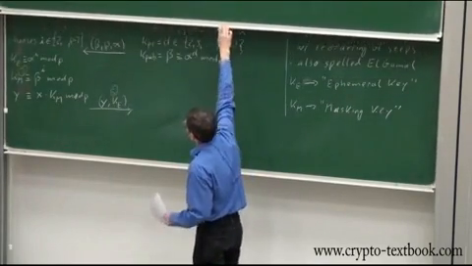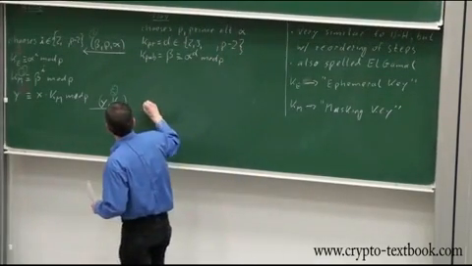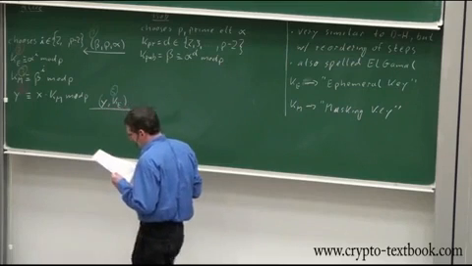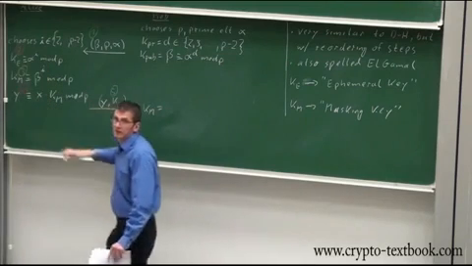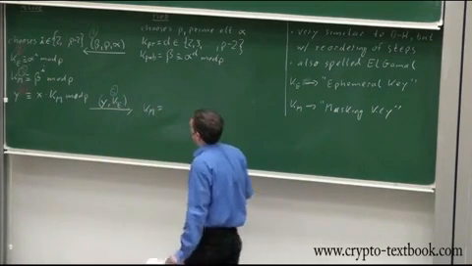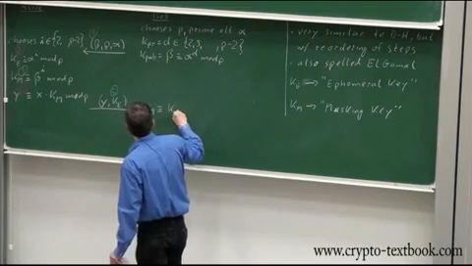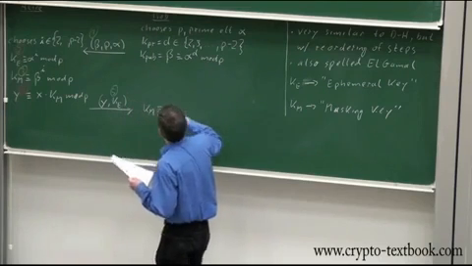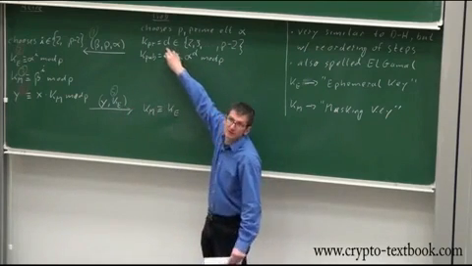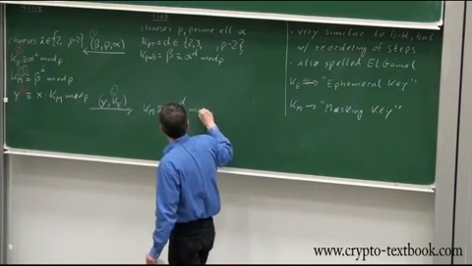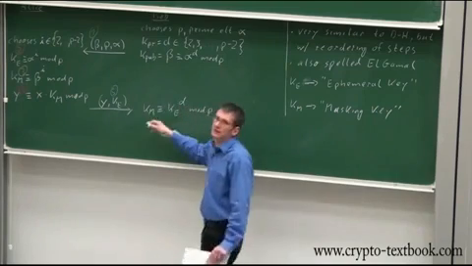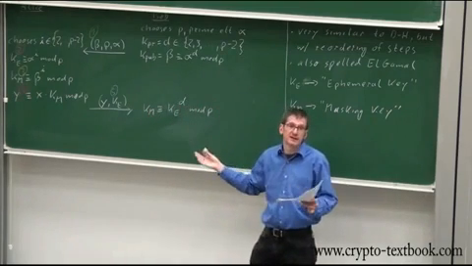How does this work for computing the masking key, KM? He takes the ephemeral key, this temporary key, raised to his secret power. What is his secret power? His private key D. And it ends up being KM again.